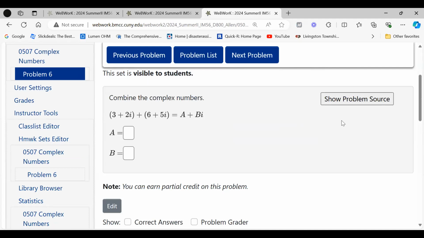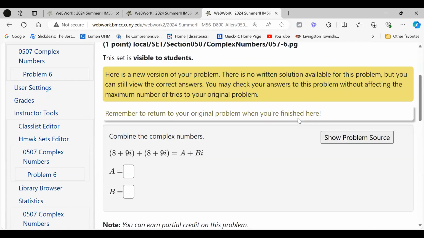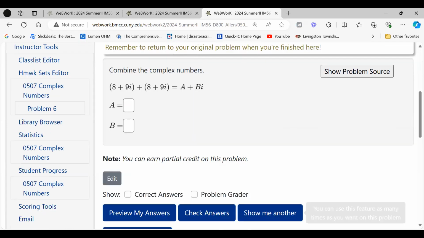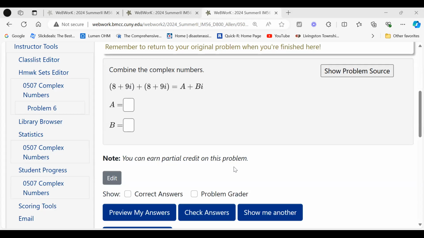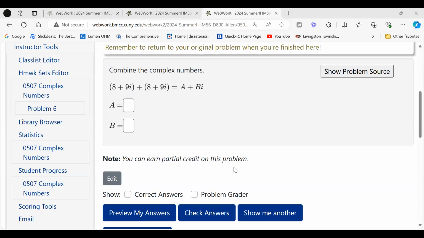All right, so now we learn how to add two complex numbers. When you add two complex numbers, first of all, you add the real parts, and also you add the complex parts, two parts. Let me show you the overall principle here.